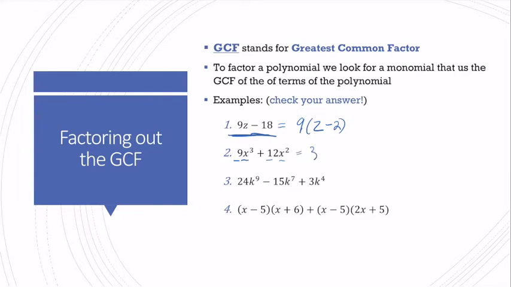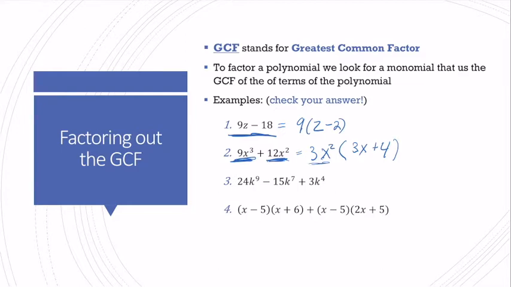And the greatest common factor of x cubed and x squared is going to be an x squared. 3x squared times 3x gives me 9x cubed, plus 4 times 3x squared would give me 12x squared. So there we have our fully factored form.